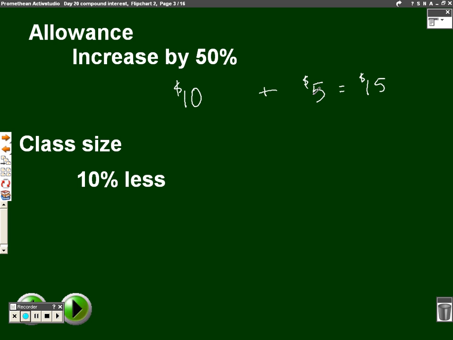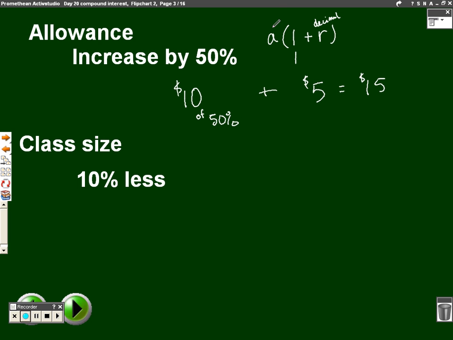So this increase by 50%, we take 50% of that, meaning multiply. So we multiply 50% times 10 and we get 5, but then we add it to the original. So this ends up looking like 1 plus the rate as a decimal, times the initial amount.